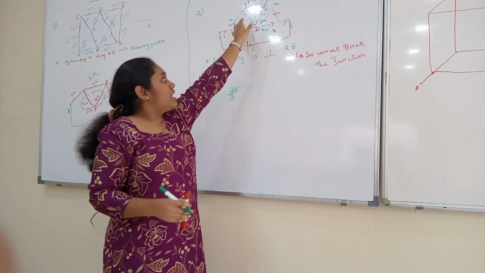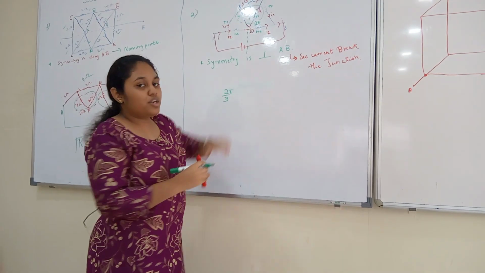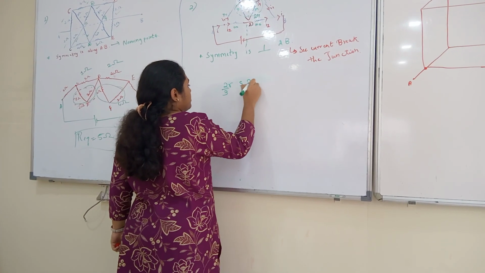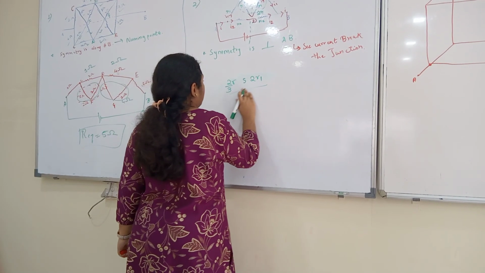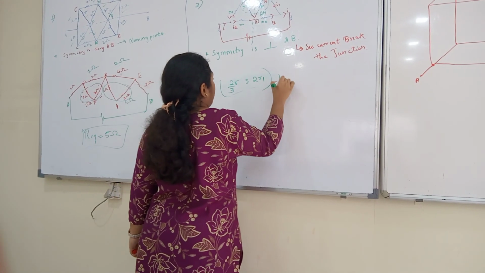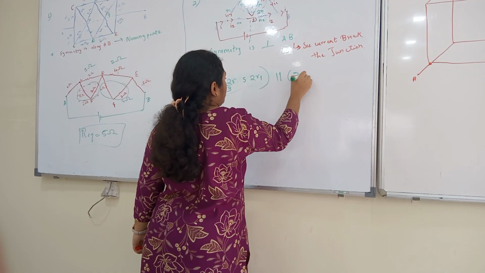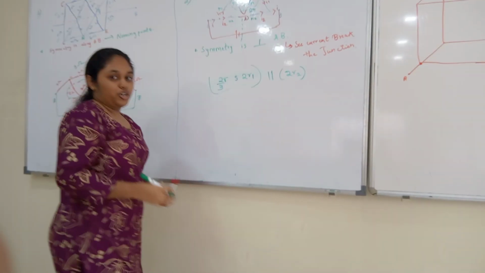R1 and R1 are in series. It will make 2R, which is in series with this, which is whole in parallel with 2R2.